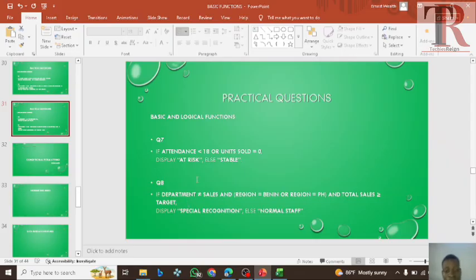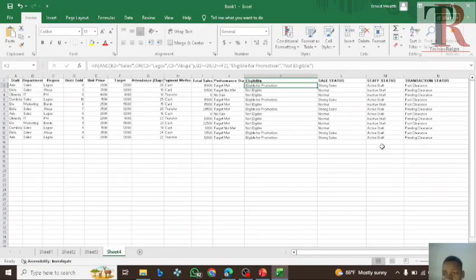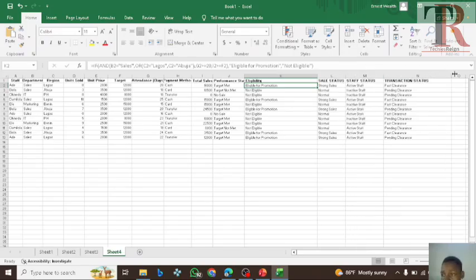Let's get right into it. Now, question 7 states, if attendance is less than 18 or units sold is equals to 0, display at risk, else display stable. So this is concerning our staff. Let's reduce this, so we can have extra space.